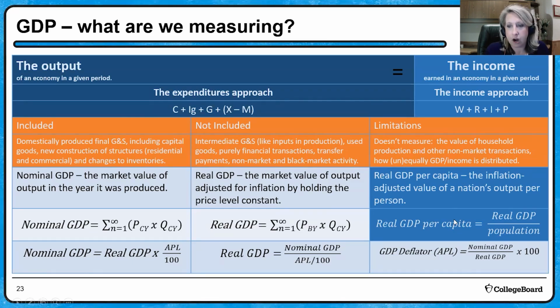Over here on the far left side, I reminded you that GDP per capita is another calculation we want to be able to perform. When we look at real GDP, that tells us how big an economy is, right? The total value of the output in inflation adjusted dollars. But it doesn't tell us how much output per person an economy is producing.